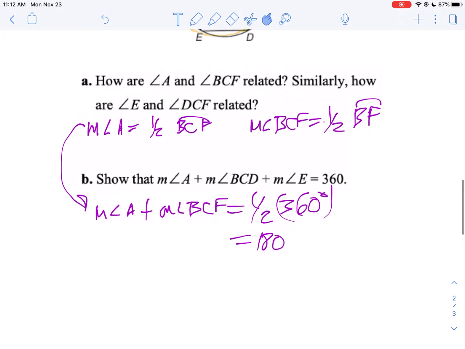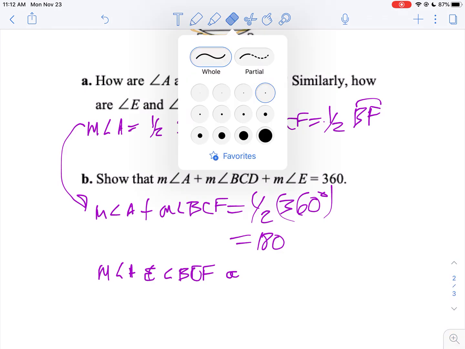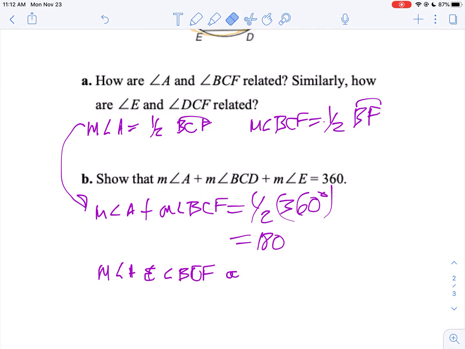I'd say they're supplementary. So angle A and angle BCF are supplementary.